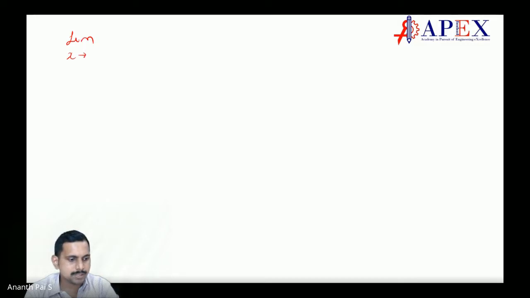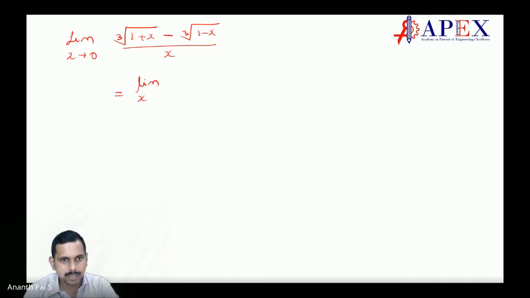The second problem is like this. You have limit x tending to 0, cube root of (1 plus x) minus cube root of (1 minus x) divided by x. Now this can be written as limit x tending to 0, (1 plus x) raised to 1 by 3 minus (1 minus x) raised to 1 by 3 divided by x.